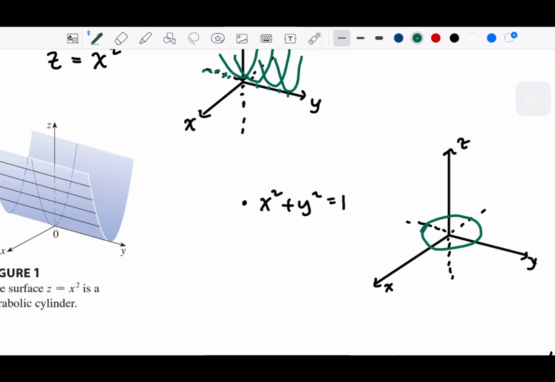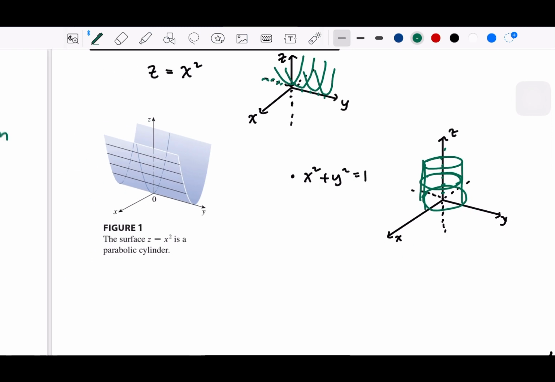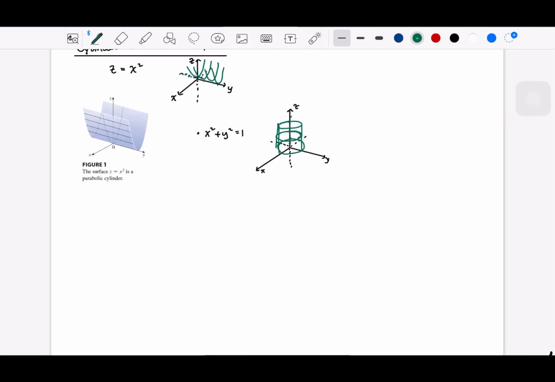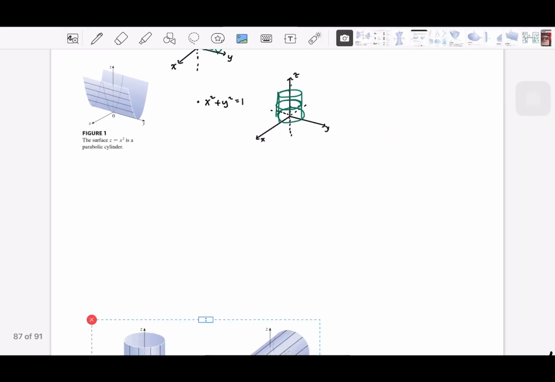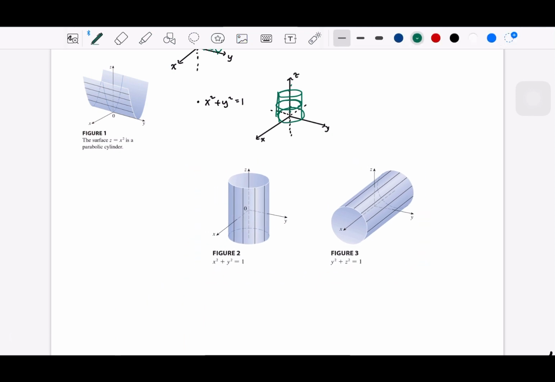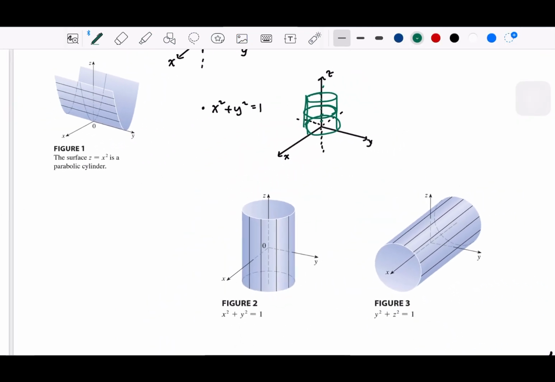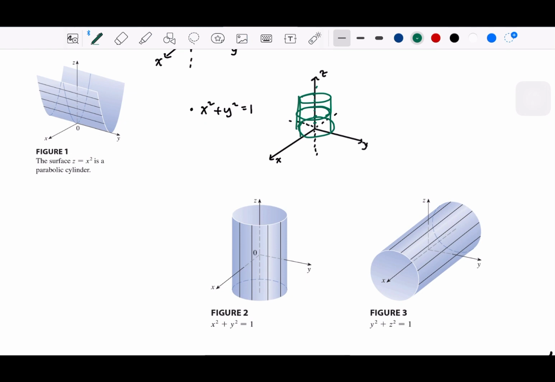But then in z, it's also applied at every point of z. So we are going to have that, making a cylinder, like a cylinder from a geometric perspective. Okay, and if we take y squared plus z squared equals 1, it's the same but on different axes.